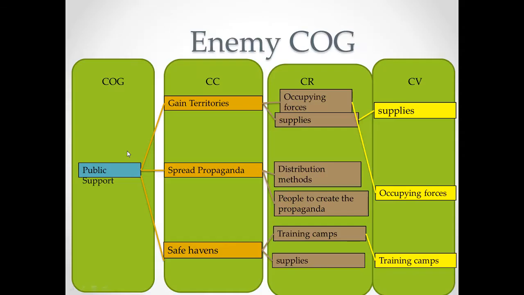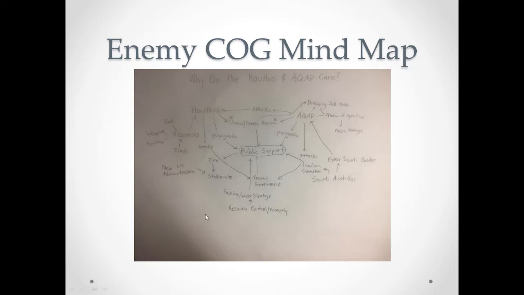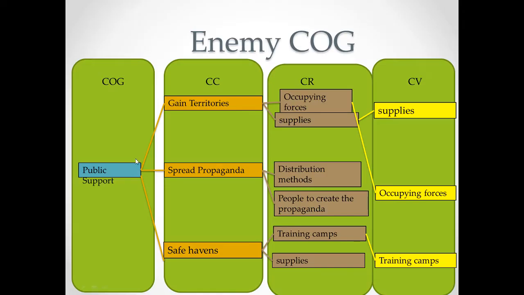So, moving on to the more fun thing of taking out the enemy's cog. You do the exact same thing you do for the friendly cog. Do a mind map. Okay, what are all these buzzwords? Let's draw a connection. Oh look, public support. Big shocker for COIN operations. So what does public support allow your enemy to do? At this point you're looking at it from the enemy perspective.